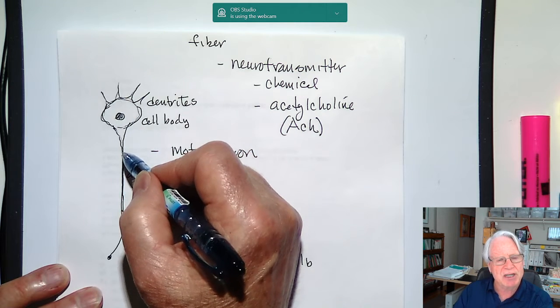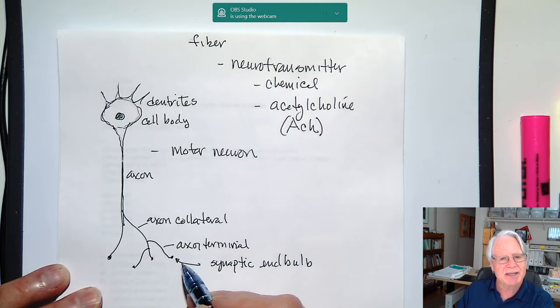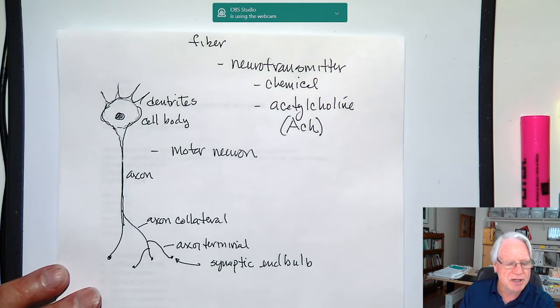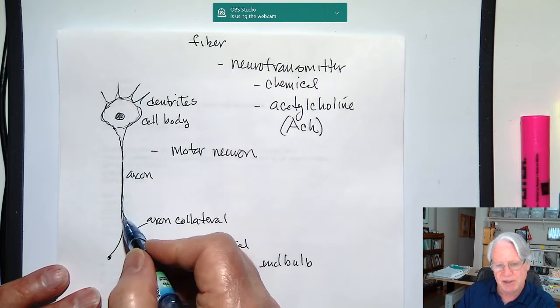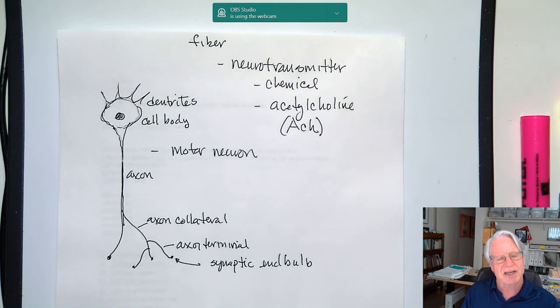But this process will leave the spinal cord and go out into the body and connect with the skeletal muscle somewhere in the body. So if we're looking at the foot or the hand, we have a cell body in the spinal cord, and this long process that we're calling an axon travels from the spinal cord all the way down the length of the arm and makes contact with muscles in the forearm, in the hand, in the foot, wherever that muscle may be.